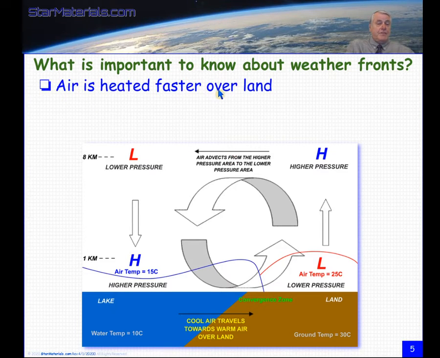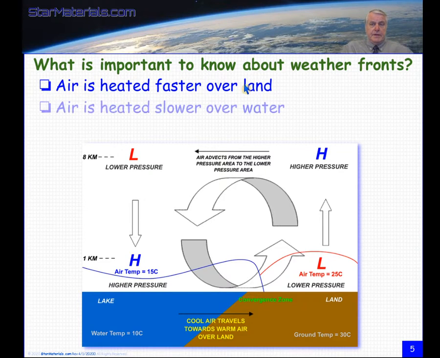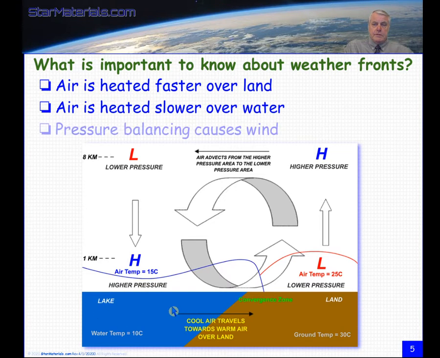Air is heated faster over land. Air is heated slower over water. So you have land heating up fast, water taking longer. The pressure balancing causes wind. If you're heating the land, the air right over the land is going to expand and be lower pressure, being forced up.